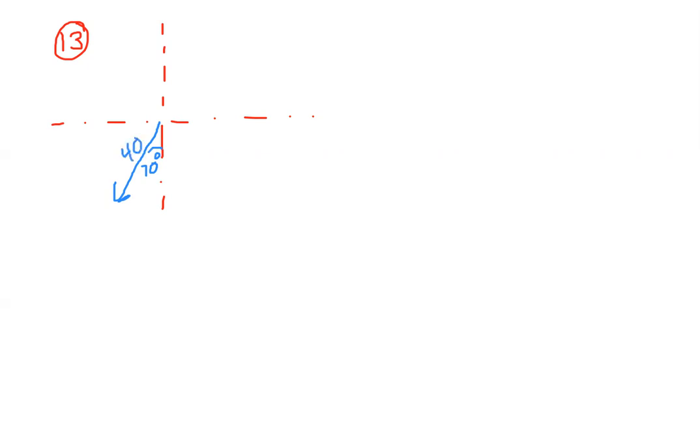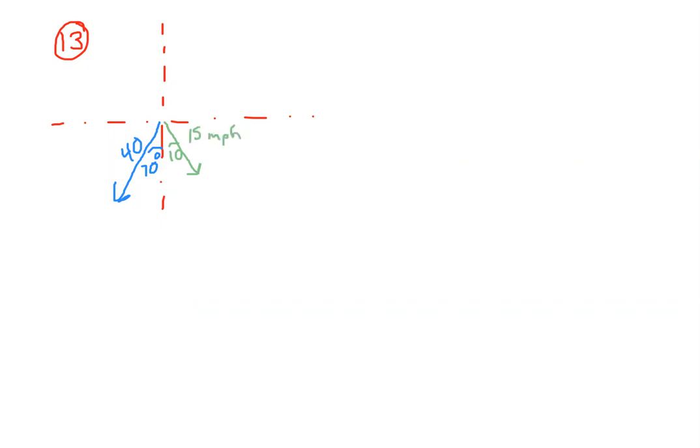All right, that's the drone. And then there's a wind of 15 miles per hour in the direction of south 10 east. So that's going to be here, and this is going to be 10, and that is 15 miles per hour.